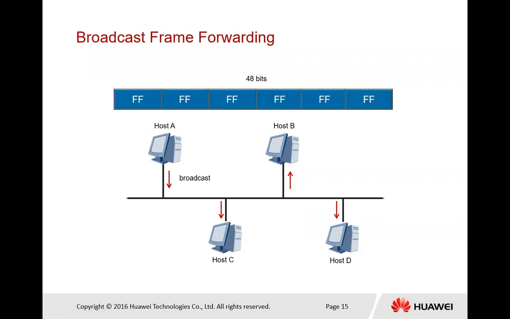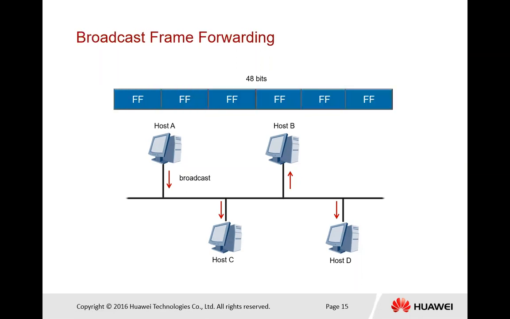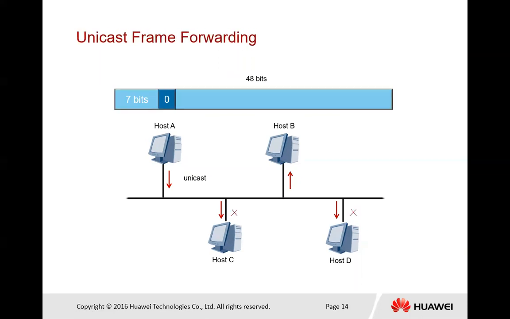Next we have broadcast. So before explaining broadcast, I am just going to explain the multicast frame format. Multicast frame forwarding, that means we are talking about one to many, not one to all, that is specifically one to many.